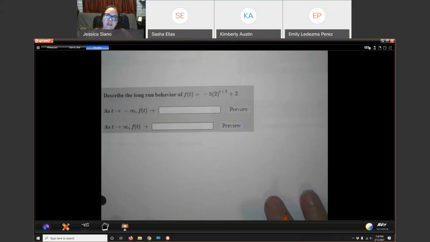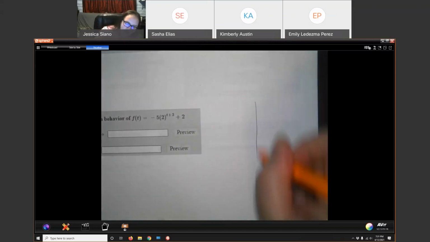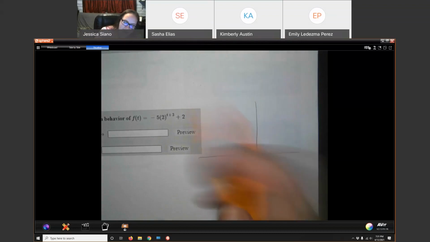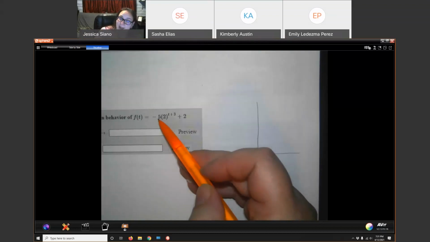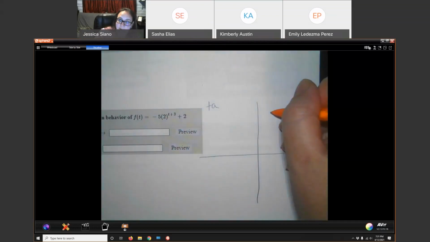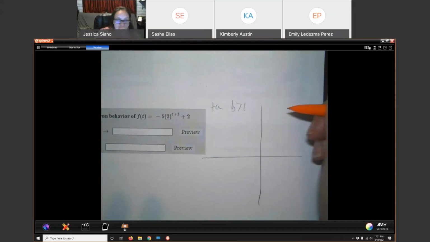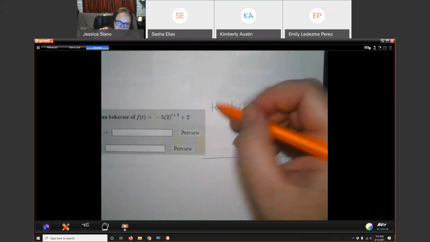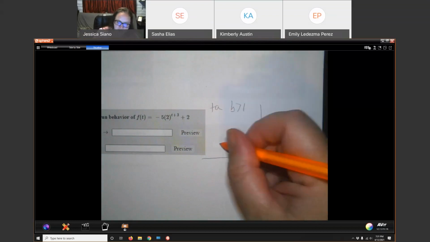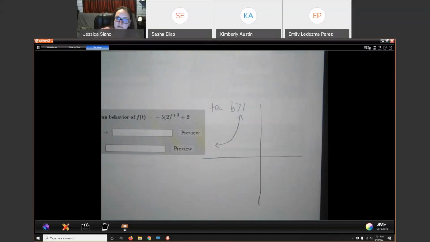All right. These things, when we graph them, one of 4 things happens, and that is based on my a value and my b value. We're looking for a to either be positive or negative, and for b to either be greater than 1 or in between 0 and 1. If you have a positive a and b is greater than 1, then your general shape looks like this.